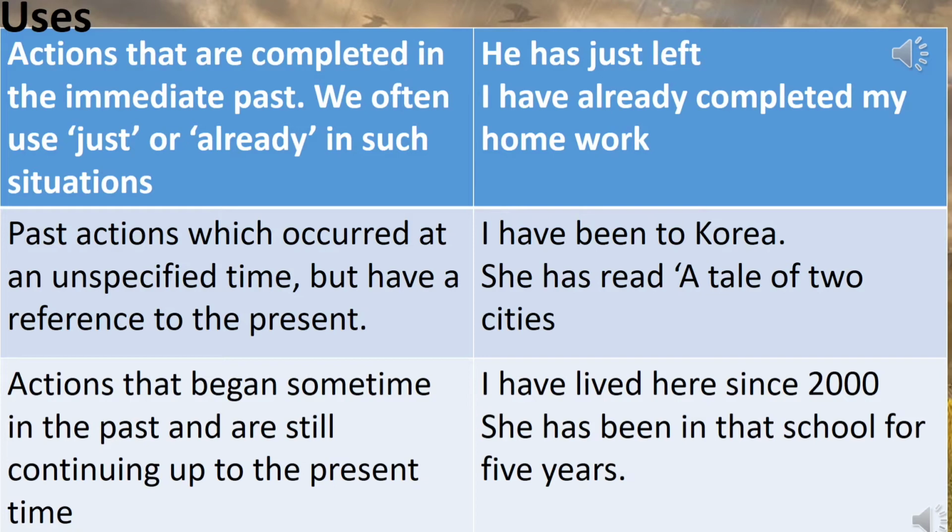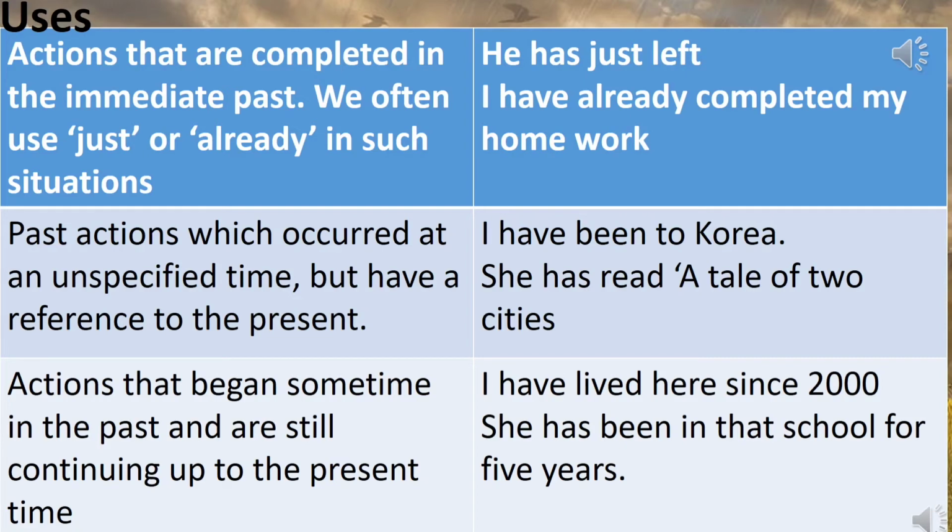Second situation, past actions which occurred at an unspecified time but have a reference to the present, like I have been to Korea, or she has read A Tale of Two Cities, like this.